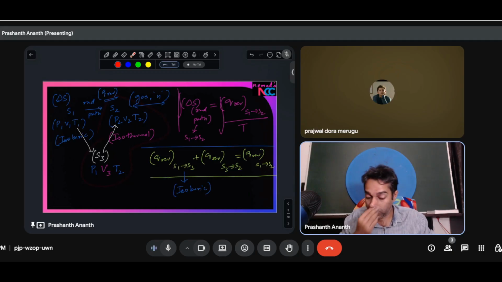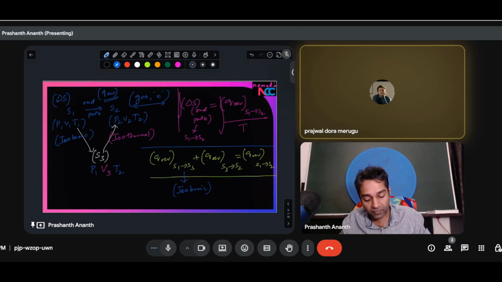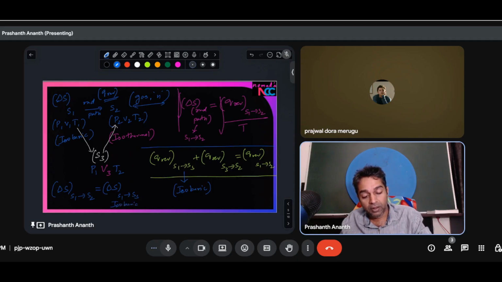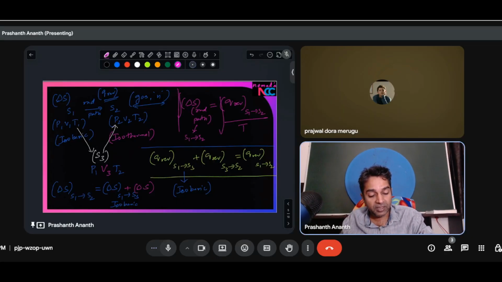So how to proceed over here is, we will now have delta S from state S1 to S2 written as delta S of state S1 to S3, which is going to be isobaric, plus delta S for state S3 to S2, which is going to be isothermal.